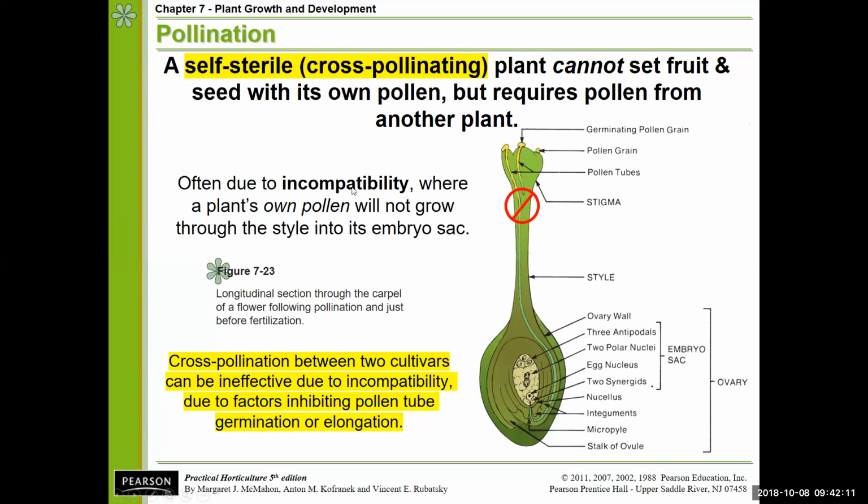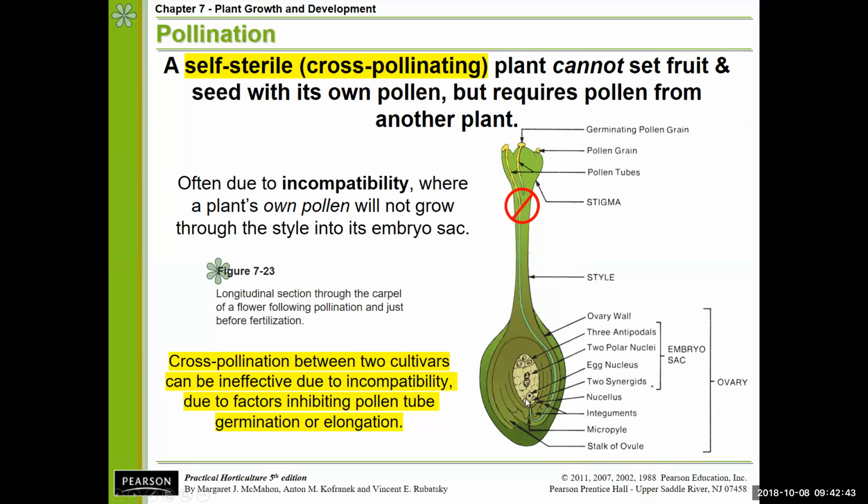And it's often due to incompatibility mechanisms where the plant will not let its own pollen, it might receive it on the stigma, but it won't actually allow it to create this pollen tube, which we see being formed here. It's really fascinating. When a pollen grain lands on the stigma, whether it's receptive to that pollen grain or not, it will create this pollen tube.